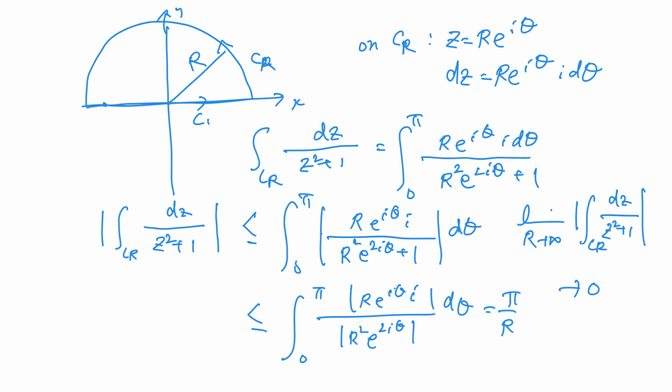So after all, this is a really important step because the integral on the big circle eventually goes to 0 when R becomes very large. That's also the beauty of the complex integral. So maybe I have to do it again.